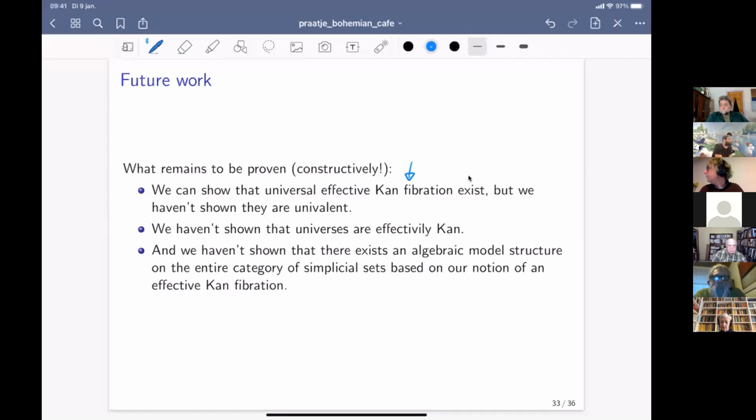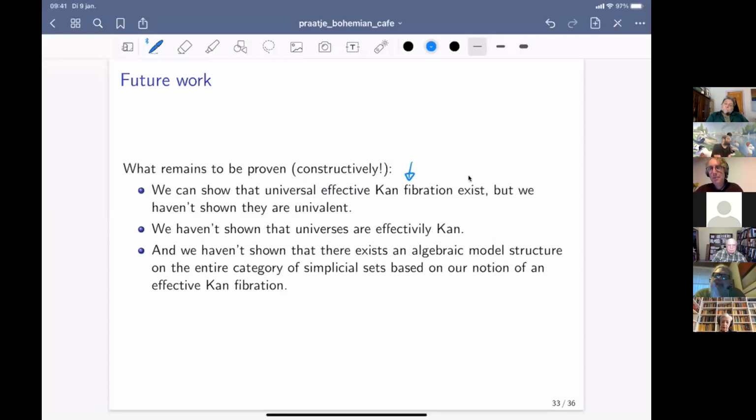And in the standard classical developments, people formulate things as properties. That means they don't need to worry. If they see a solution to a lifting problem, they can assume it is their preferred solution. Whereas here that is not the case.